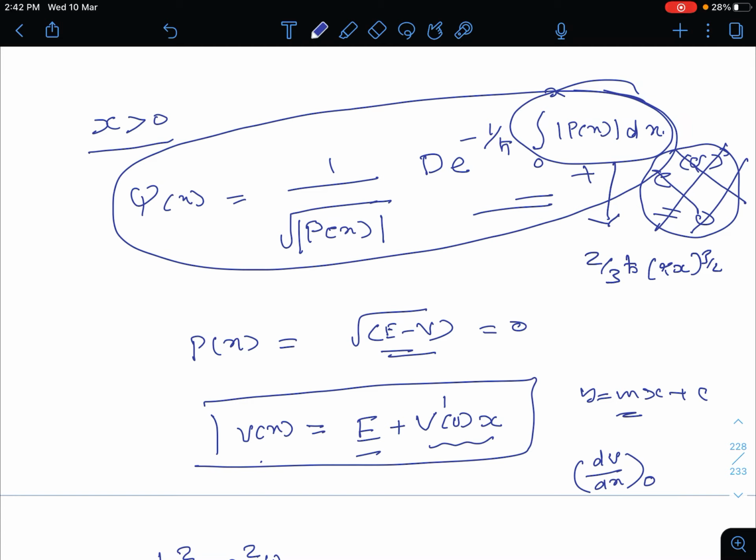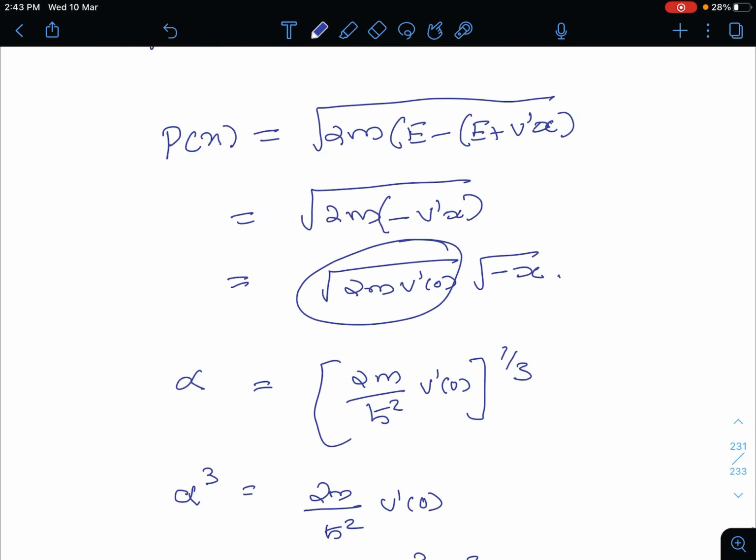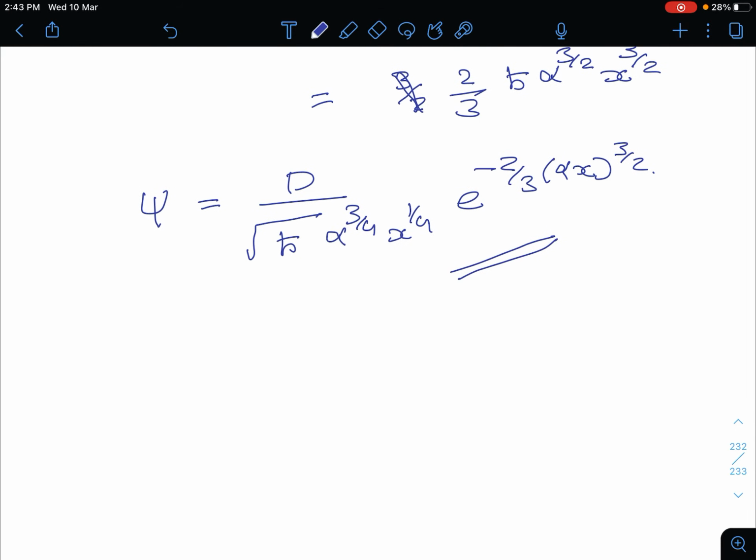E raised to that, e raised to this. And p of x, what is p of x? h cross alpha, root of p of x, upper root of h cross alpha raised to 3 by 4, root of x, root of x of its root, so that is 1 by 2, so that is x raised to 1 by 4. When we substitute both, we get this. So far we got this. Is it clear? Good.